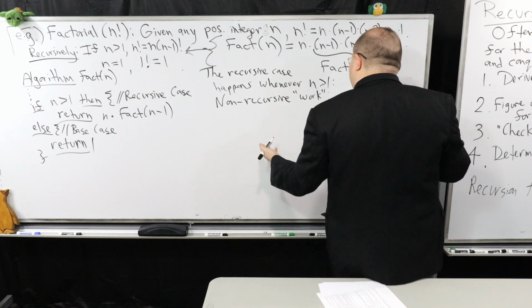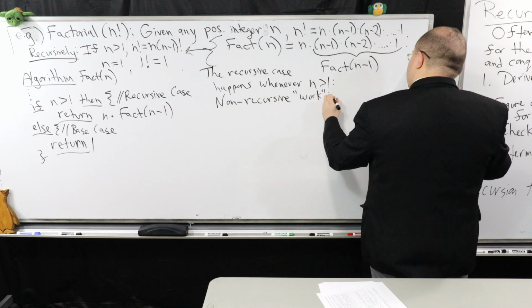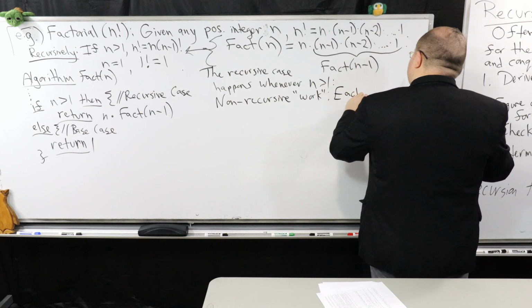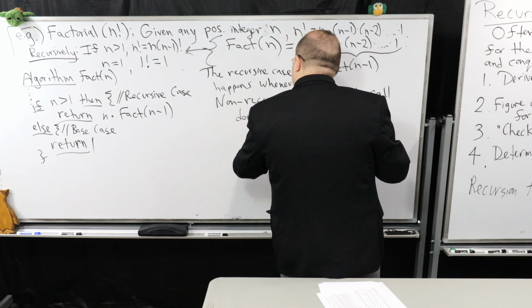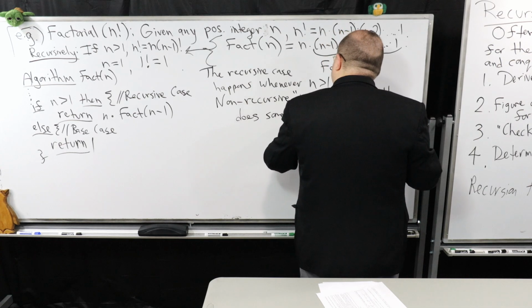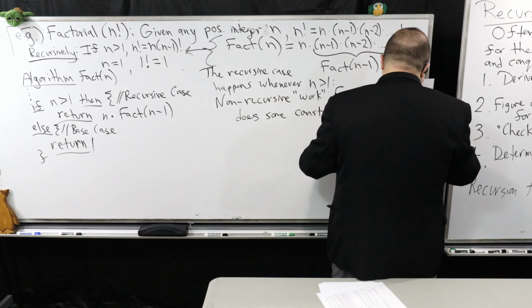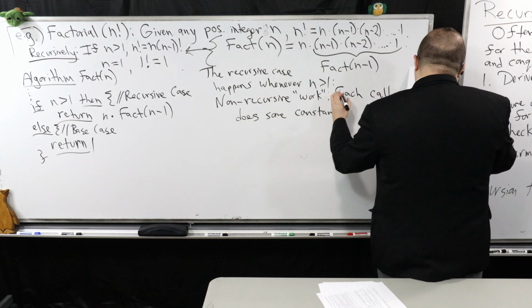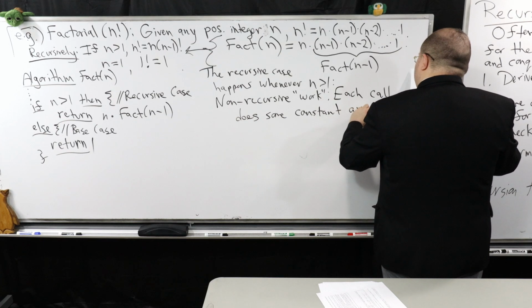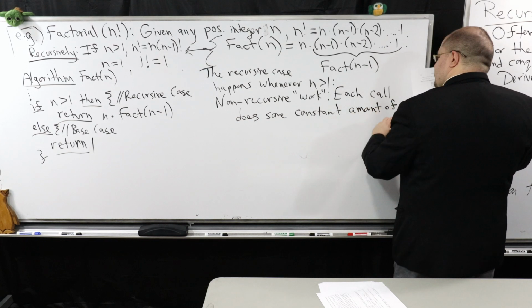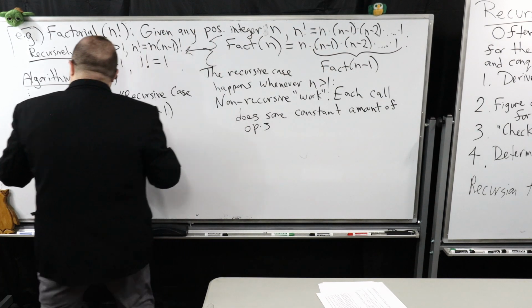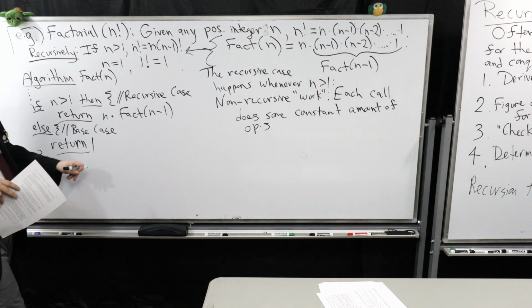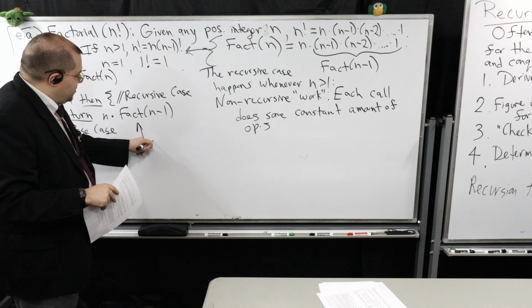So the non-recursive work in this case is where, notice that each call does some constant amount of operations, right? Remember, we're ignoring the recursion. I don't know what's going on with that right now, so I'm just going to ignore it for now.